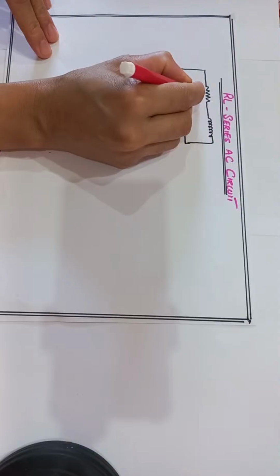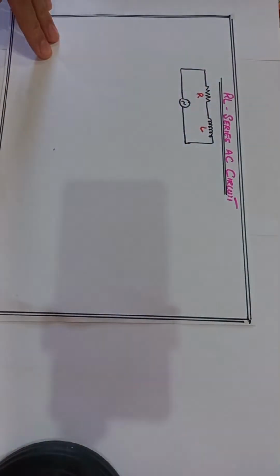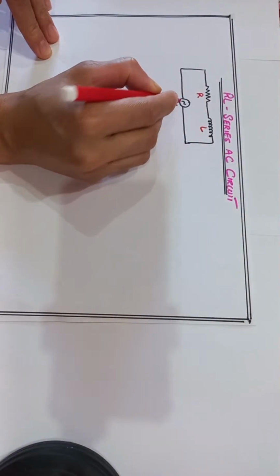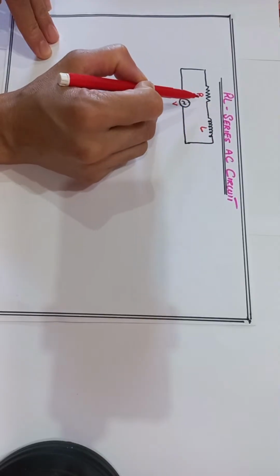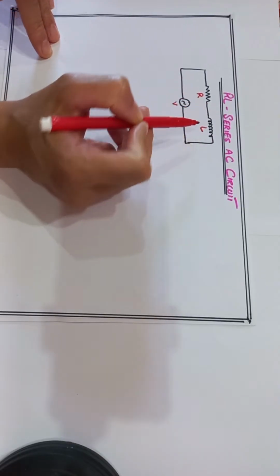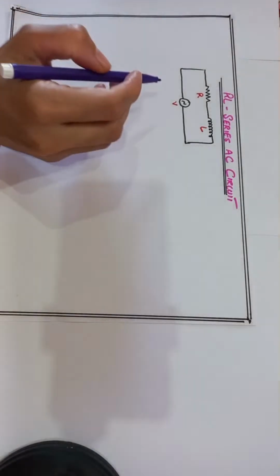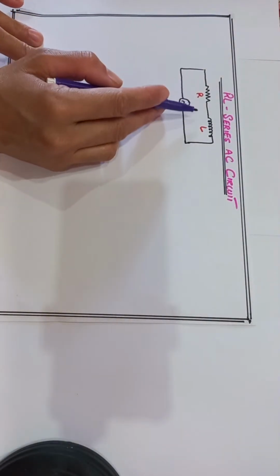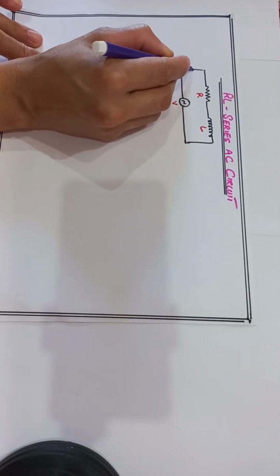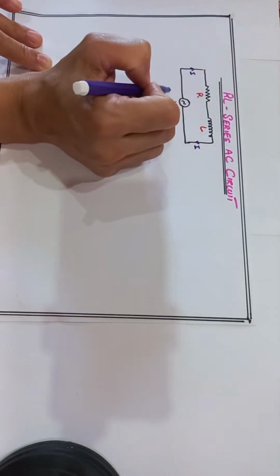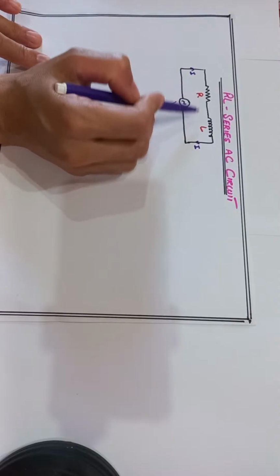Okay, we know that the resistor is represented by R and the inductor is represented by L. Now we apply the voltage, applied voltage V, across both elements of the circuit, resistor R and inductor L. When we apply the AC source, current I flows through it, and the voltage is divided across both elements.